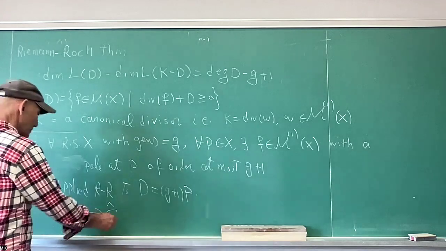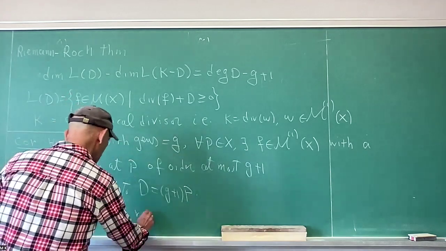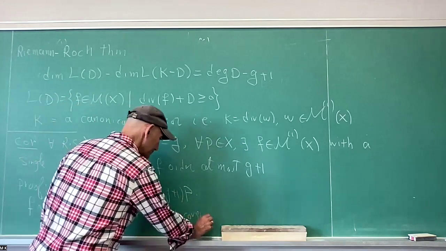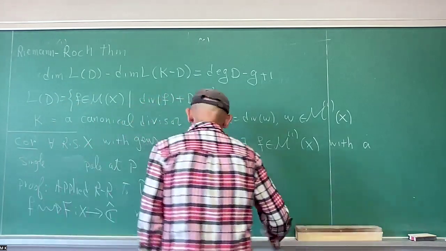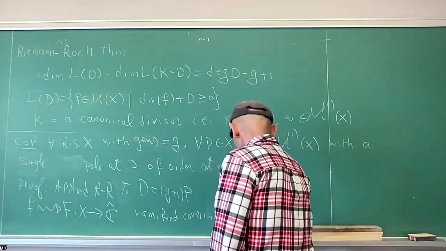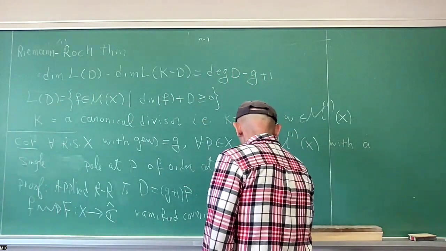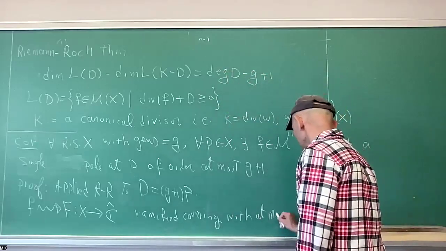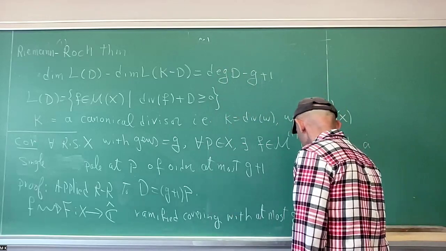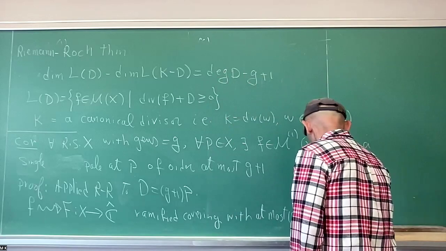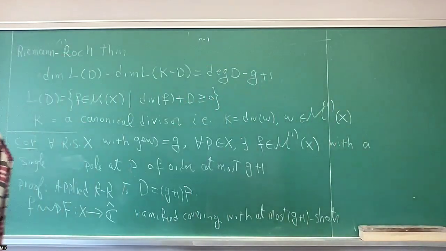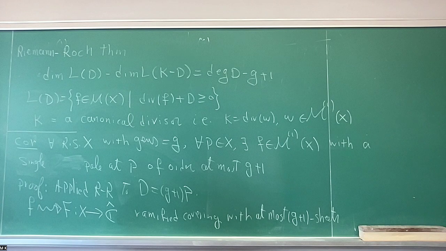So F from X to C hat gives us a ramified covering with at most G plus 1 sheets. It could be less, but at least this much we get. The number of sheets is really just the ramification index, which is also the order of the pole.